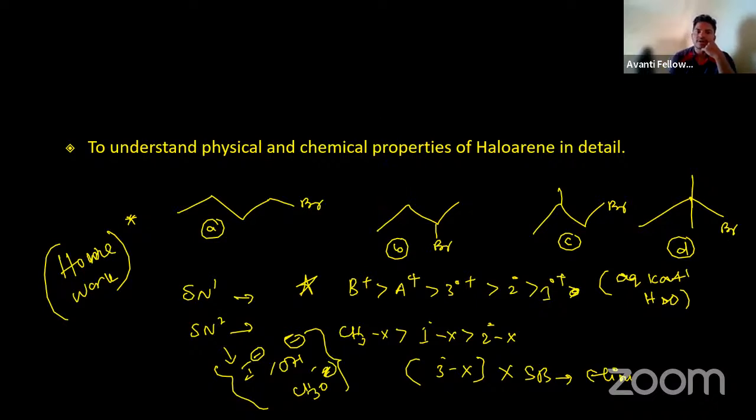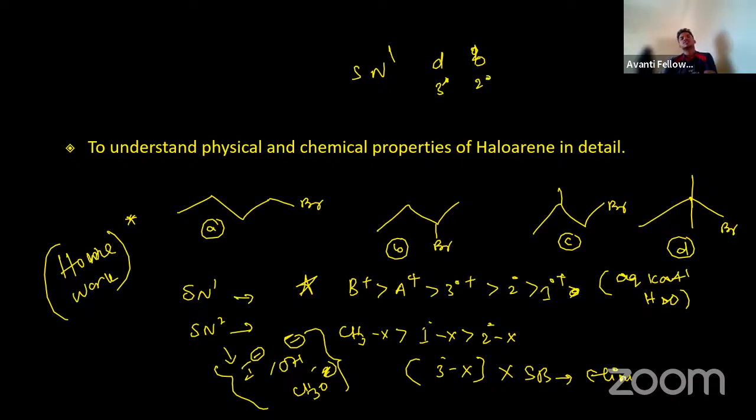Remember SN1, very good. JNV Mahe team has given SN1 as DBCA. D is tertiary, yes, so that's correct. B is secondary, very good. And C is primary, and A. But the point here is that both A and C are primaries.